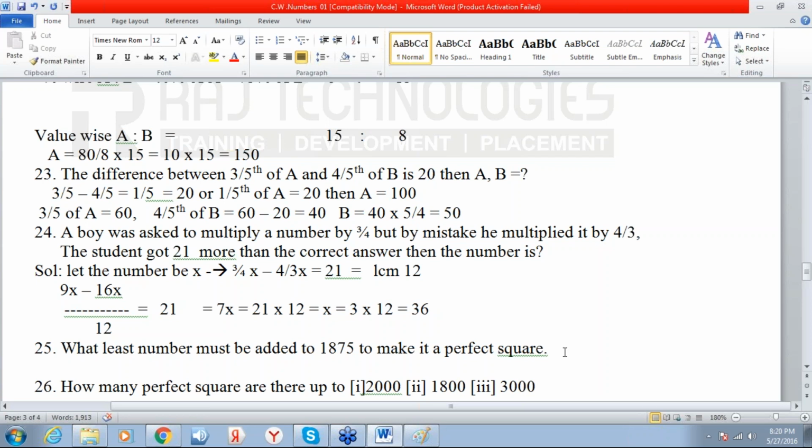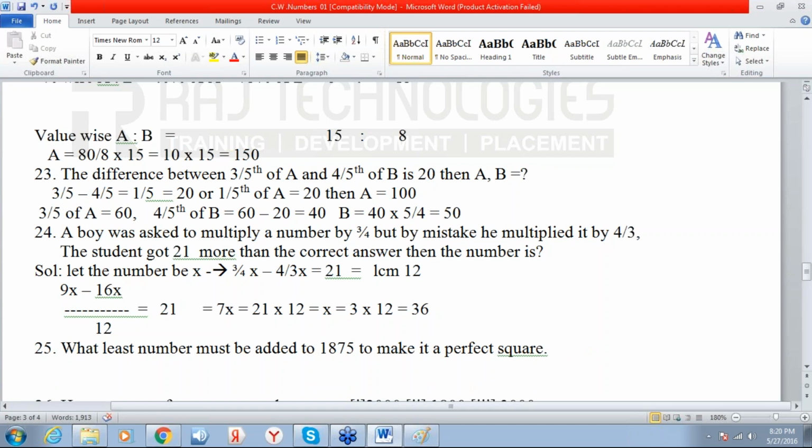What least number must be added to 1875 to make it a perfect square? What is the square root of 1875? It doesn't give a perfect square. 1875 is not a perfect square.